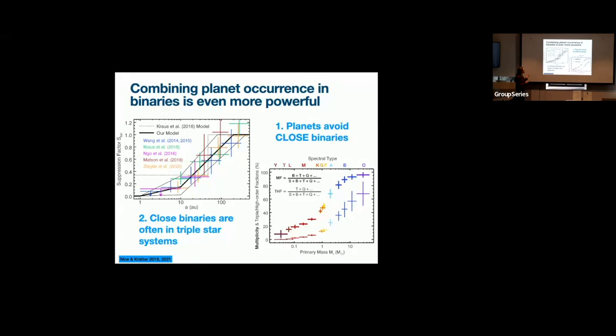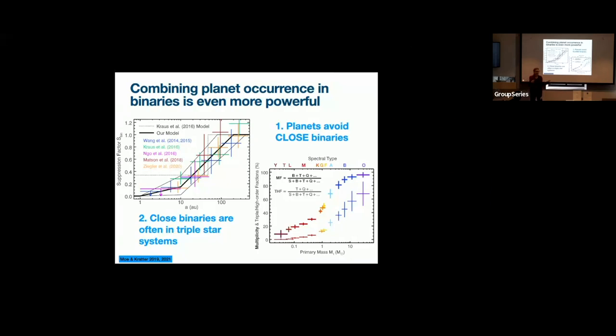So the first thing you need to know is that planets overall, not accounting for mass dependence here, don't like to be in close binaries. So if I have a binary that's separated by 1, 10, 100 AU, this is how much suppressed the planet occurrence rate is. So if I have a 10 AU binary, I have a 90% lower chance of finding a planet in that system as compared to around a single star.